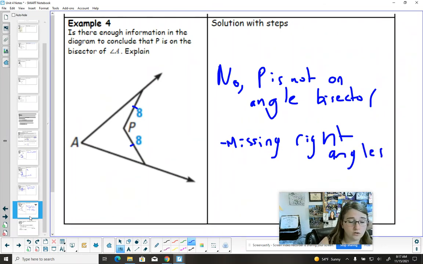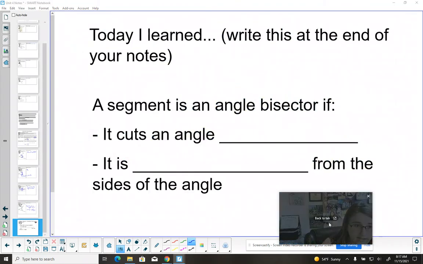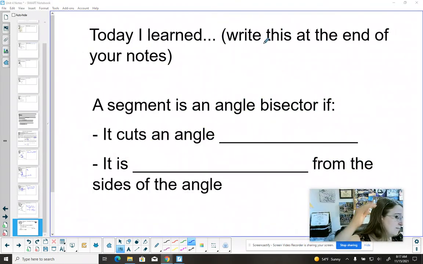So when you go to the assignment, we're going to do that in class. The important thing is this. Remember, at the end of your notes there's a section that says today I learned. We're going to copy this in. So take a second, turn there in your packet. We're going to copy it there. Please copy: a segment is an angle bisector if it does two things.